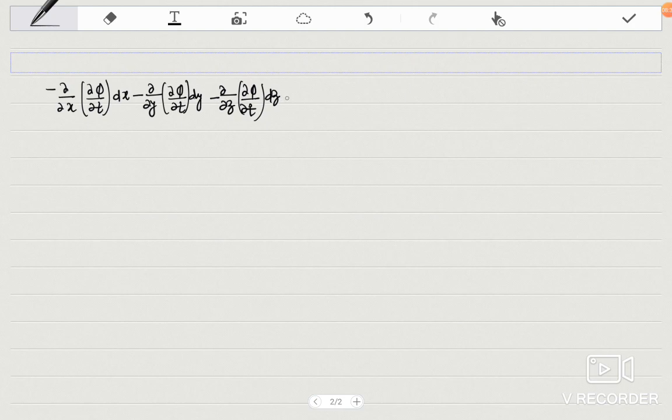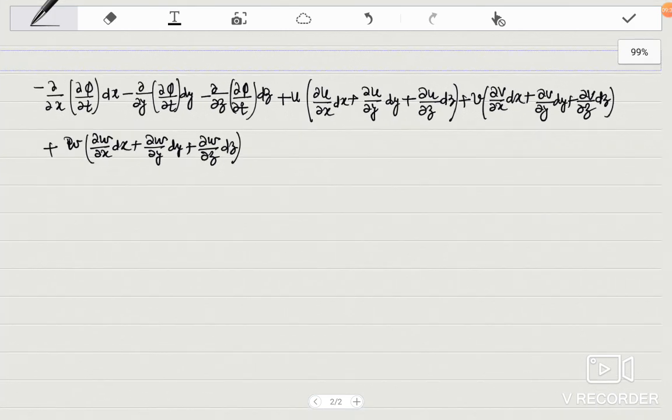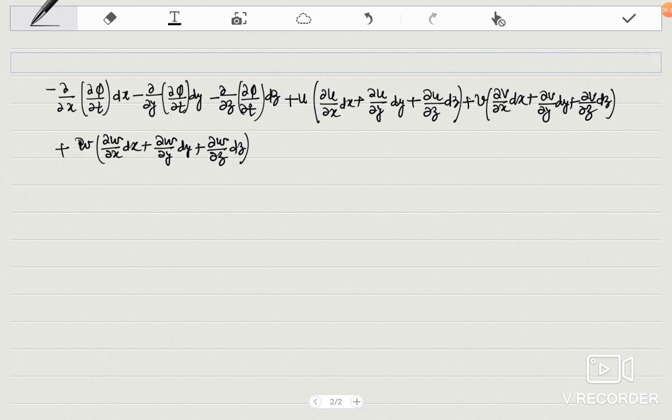Similarly, in the next term, I will have u as common and there will be ∂u/∂x dx, ∂u/∂y dy, ∂u/∂z dz, and likewise I will write for v and w: v ∂v/∂x dx, ∂v/∂y dy, ∂v/∂z dz, plus w ∂w/∂x dx, ∂w/∂y dy, ∂w/∂z dz, on the right hand side.